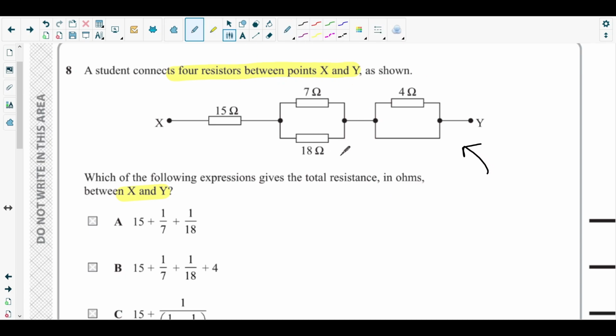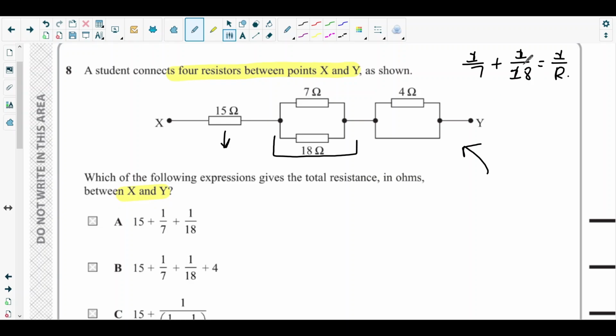See the pattern. Look, this is a 15 ohm resistor. It is in series with this parallel combination, right? So 15. For this parallel combination, the total resistance is 1 over 7 plus 1 over 18 equals 1 over R, right?